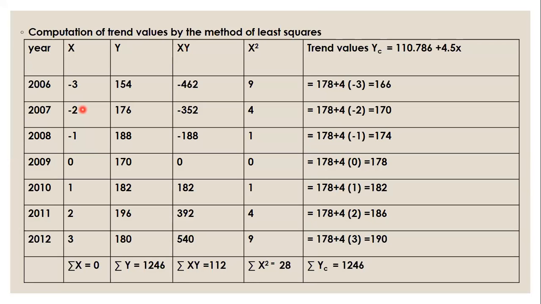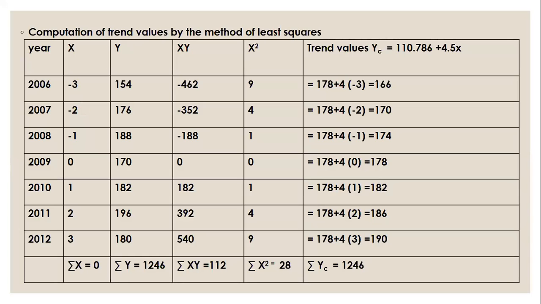Okay, so here again 2009 is the central value. So I'll assume 0 for that, and above 0 are the minus values, -1, -2, -3, and below them are +1, +2, +3, and sigma x is going to be 0.